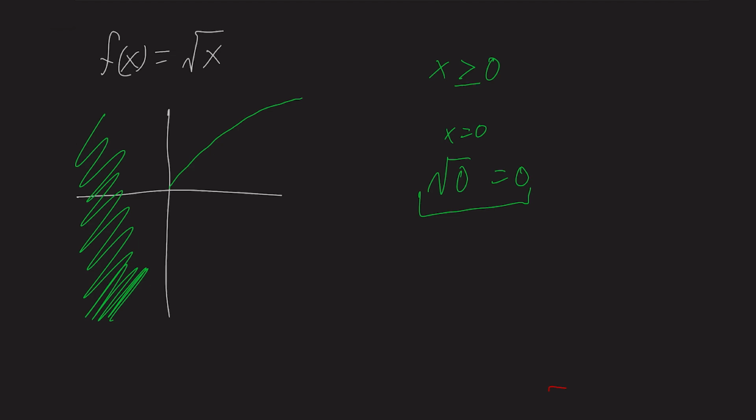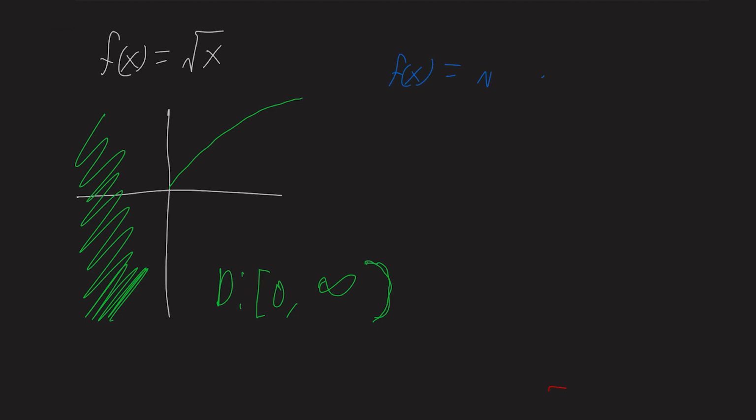So if I were to write the domain right here, it would be inclusive 0 all the way up until infinity. And we always write infinity or negative infinity with a soft bracket. So now let's try a little bit of a harder example. Let me give you f of x equals rad x minus 4.